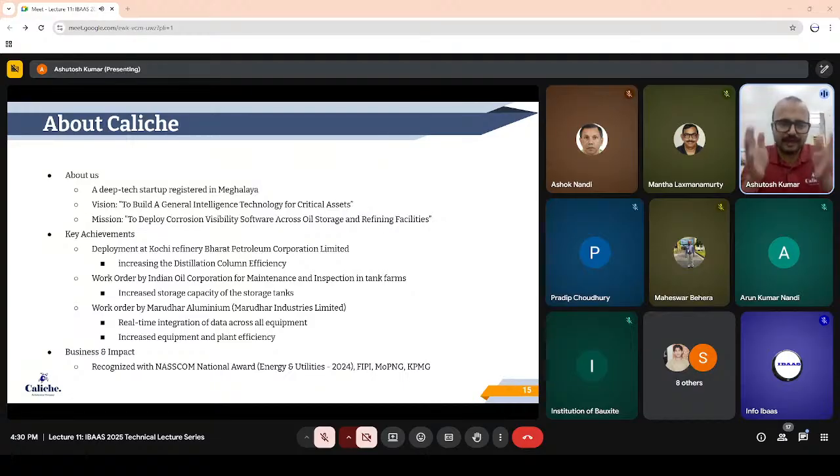We have put all of the effort into ideation, development, and perfecting this technology because we have a vision of developing a general intelligence technology for critical assets, and we have tested it.